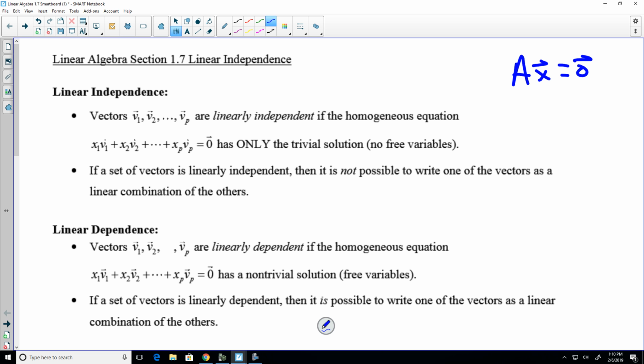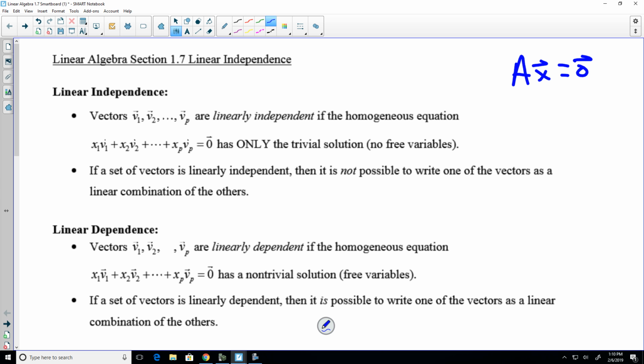Okay? It's non-homogeneous if that right side is not the zero vector. So these vectors are linearly independent if the homogeneous equation has only the trivial solution.